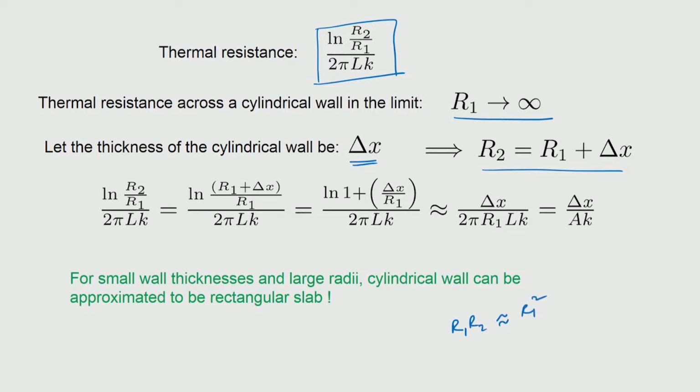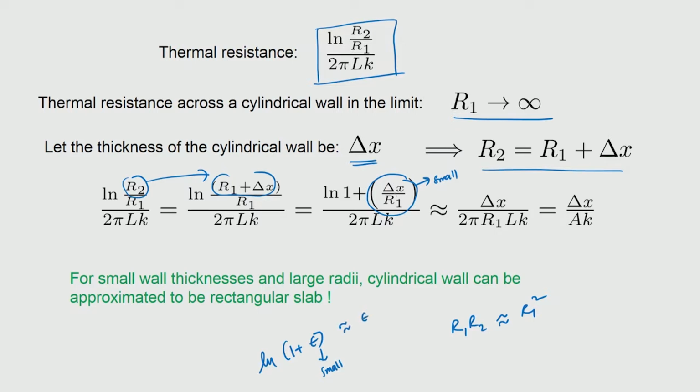Okay, so if you do these approximations and then look at the thermal resistance expression, you can expand r2 as r1 plus delta x, and then you can divide numerator and denominator here by r1, and therefore you get 1 plus this, and this is very small. Okay. And we already know that ln(1 plus epsilon), when epsilon is small, can be approximated as epsilon itself.